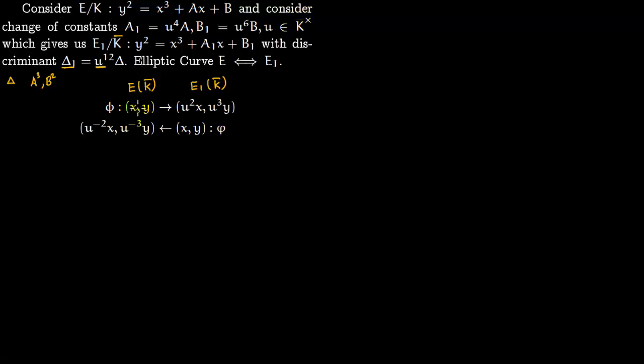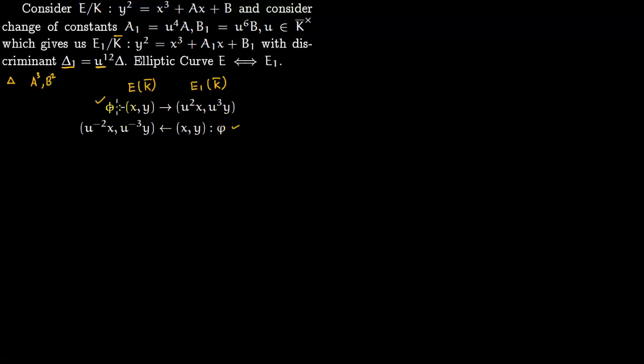In one direction the map takes (x, y) to (u^2 x, u^3 y), and in the other direction you go from E1 to E, and these are rational maps. And now you can clearly see that phi and varphi are inverses of each other.